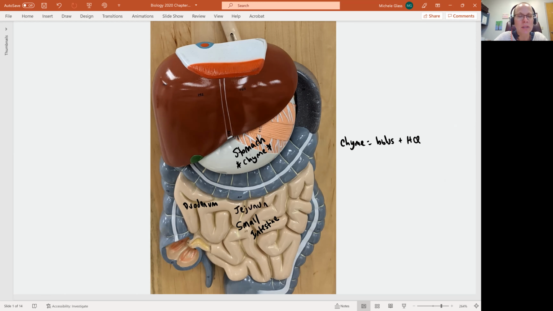And the majority of the small intestine is the jejunum. And then the very last section emptying into the large intestine is going to be called the ileum. So the small intestine is divided up into these three regions. We'll see some differences in their anatomy and in the physiology. And so we'll be paying attention to that as we go through our study. And there's different ways of pronouncing duodenum, and that's totally fine.